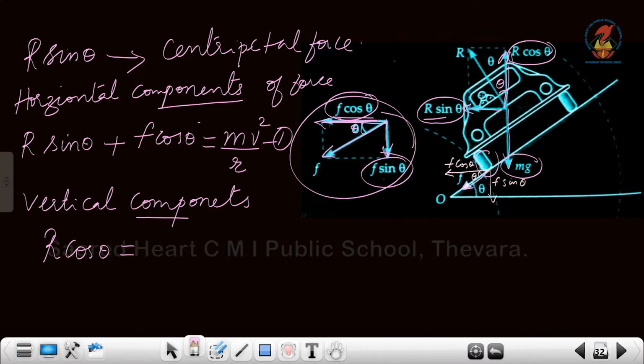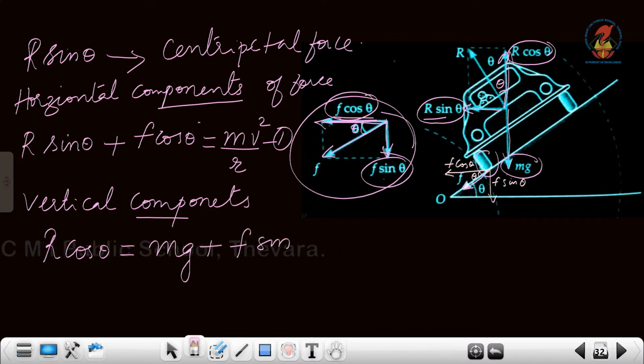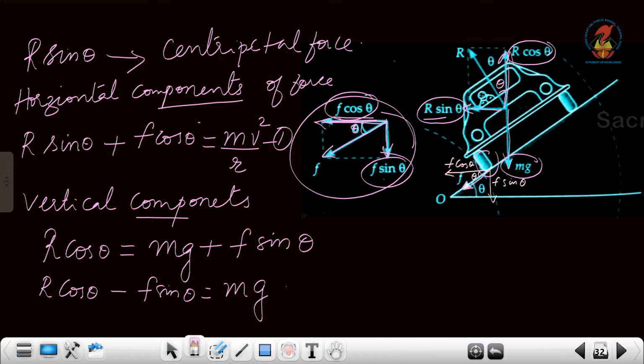It is mg and f sin theta. So we can write it as mg plus f sin theta, or I am going to bring the f sin theta term to this side. So I will get R cos theta minus f sin theta is equal to m into g. This is equation number 2.